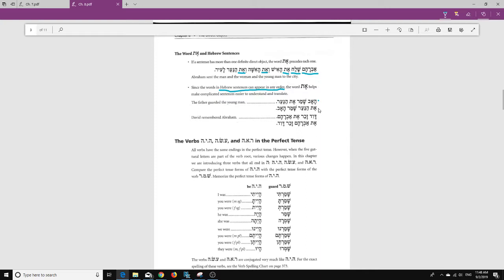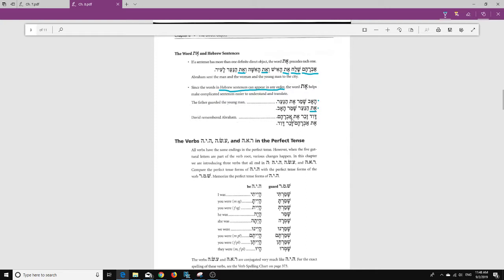But it's just as plausible to have et hana'ar shamar ha'av. If we didn't have this et, it would just look like the young man guarded the father. But this et points out that no, this is the object. So the father guarded the son.